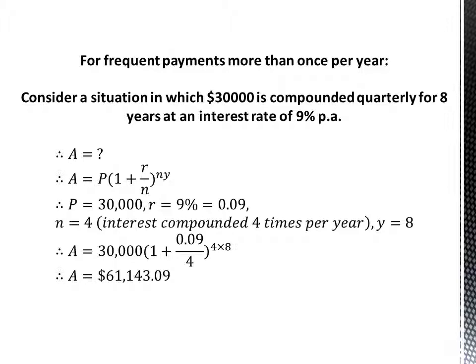So we have the principal, which is 30,000, the rate, which is 9%, or as a decimal, 0.09, n, the amount of times the interest is compounded per year, is 4, and y is 8. So when we substitute these values into the formula, we have 30,000 bracket 1 add 0.09 over 4 bracket to the power of 4 times 8, and this totals to $61,143.09.